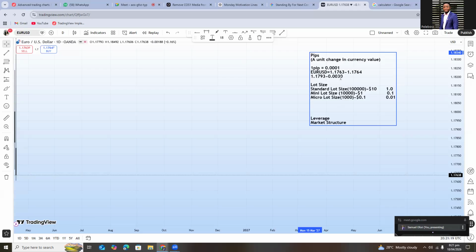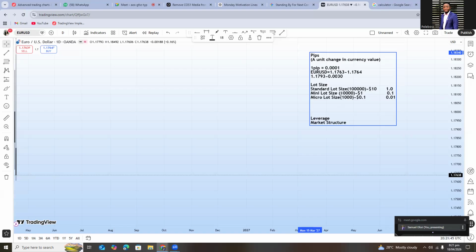And so that is 30 times 10, and that's equal to $300. So it means that if the market should move from 1.1763 to 1.1793, and the person went in for a buy, and also used the standard lot of 1.0, the person has made $300 profit.